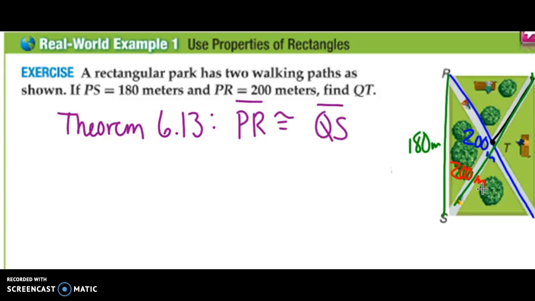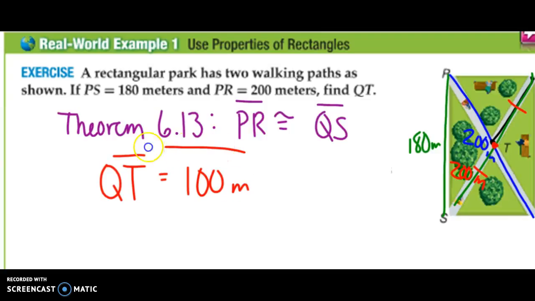Now, we also know, since a rectangle is also a parallelogram, that the diagonals bisect each other. So this point T is halfway between QT and TS, halfway between QS. So that means if the whole thing is 200, then QT is going to equal 100 meters.